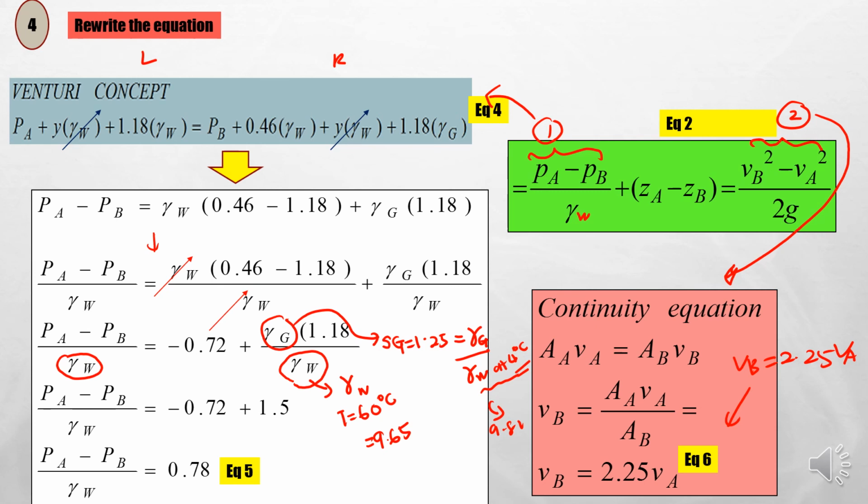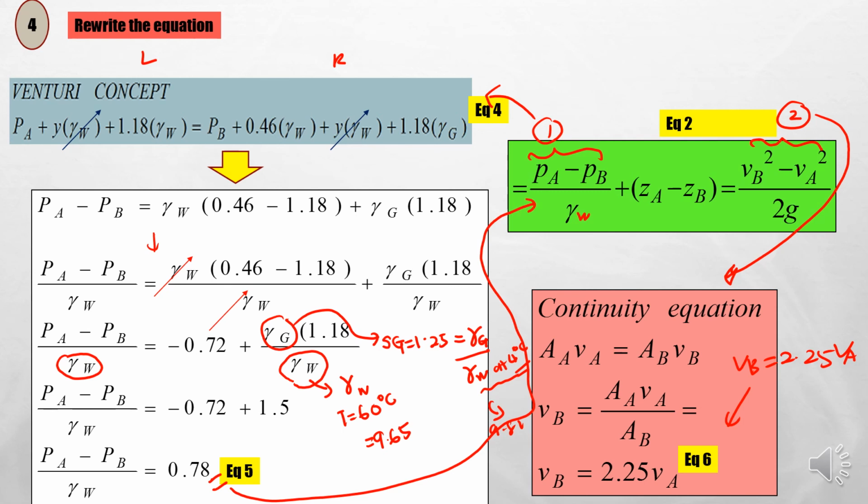So this one we just solve, and at the end we get the parameter: (P_A minus P_B) divided by γ_W equals 0.78, which later on we will use to substitute into this equation.